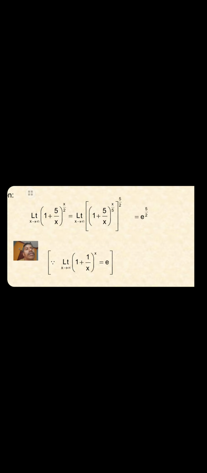Here it was written directly; actually 5 by x we can write as 1 by (x by 5), then it exactly matches the standard form. And we can include one more step, that is, the limit can be taken inside the bracket, and the power can be given outside including the limit.